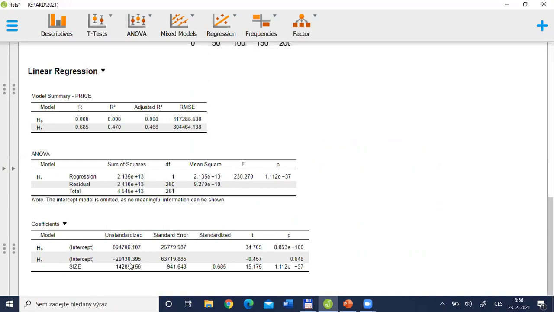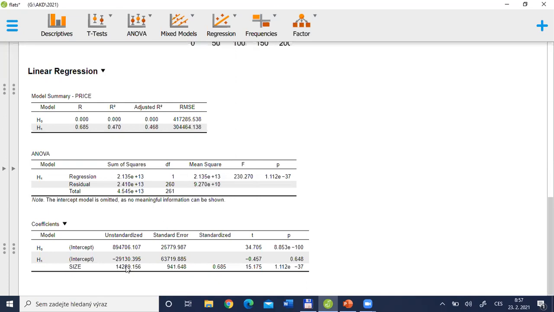If somebody would give you money and you would take nothing for that, that's a great idea. But once again, real flats do not have 0 square meters. So that's why it's impossible to interpret this value. We will try to somehow repair this problem in a few minutes.